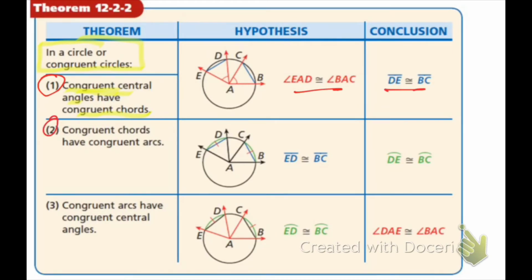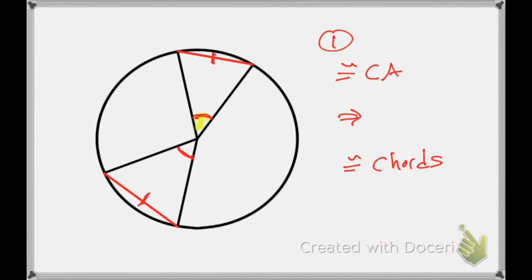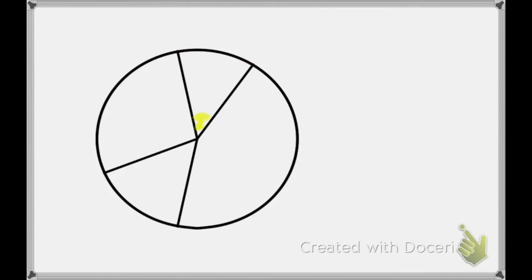Well, number two, if I have congruent chords, then I have congruent arcs. So looking at this, let me erase some of this. If I start with my chords here, so if these chords are congruent, then the arcs created by the central angle and the radii, those arcs are also congruent.